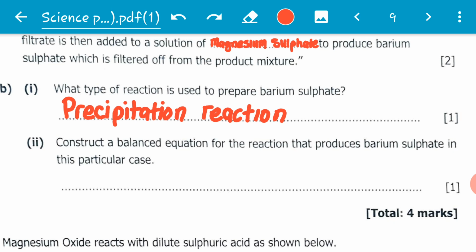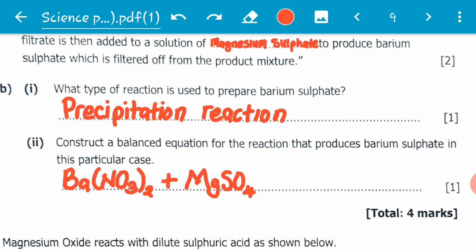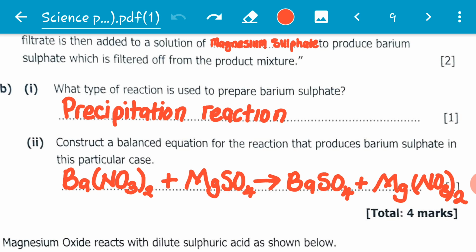So we have the two reactants: barium nitrate plus magnesium sulfate to give us barium sulfate plus magnesium nitrate.